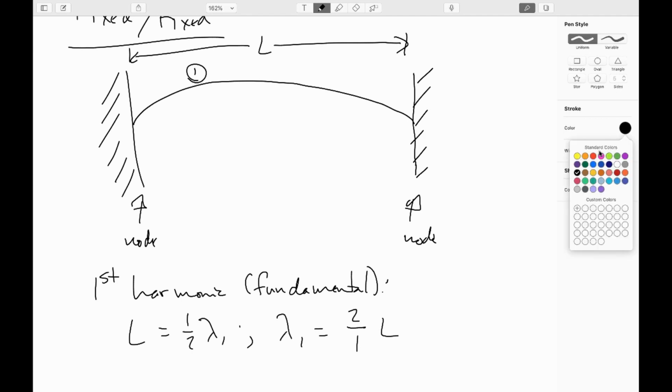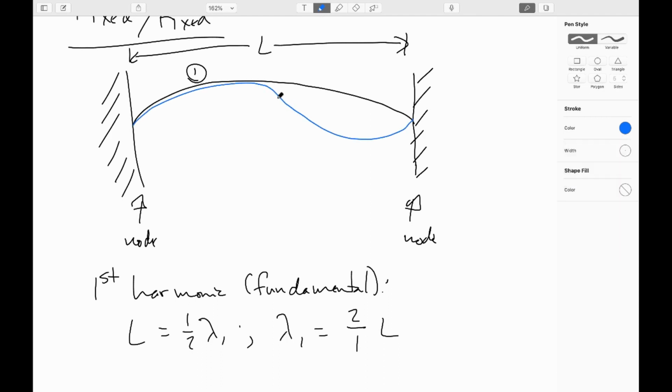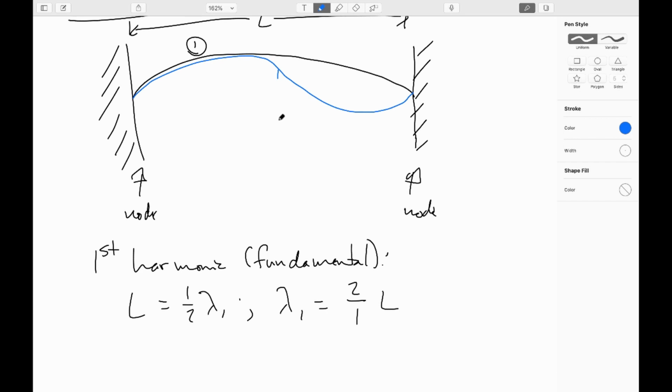Now let's go and take a look at the second harmonic. Well, the next thing I could possibly do is I could stick in 2 loops. So now we pick up an extra node right there. So in that case, here for wave choice number 2, this would be the second harmonic.